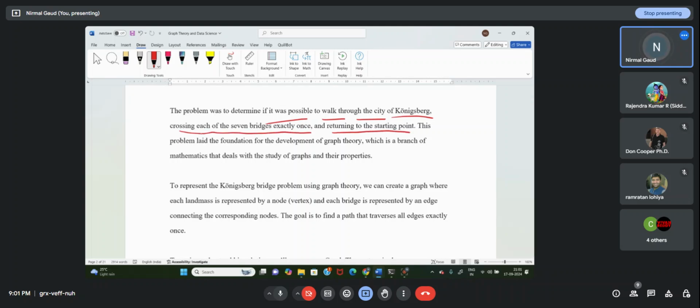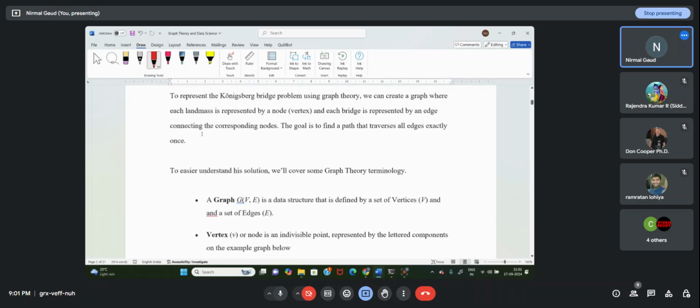You can start from any point, any island. You traverse each and every bridge, but once and only once, and you have to return to the same starting point. That is the problem. This laid the foundation of graph theory, which is a branch of maths.